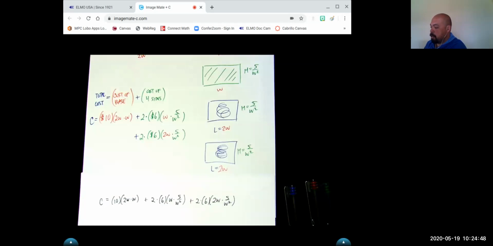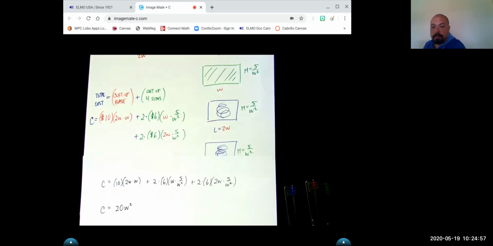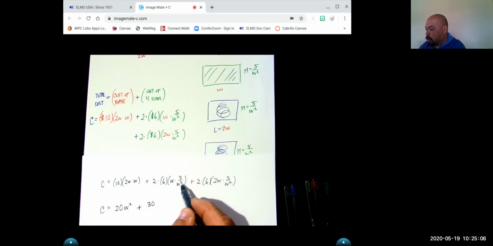All right, so if I start to multiply, 10 times 2, 20, W times W, W squared, plus here 2 times 6 is 12 times 5, right? Or 5 times 6 is 30 times 2, we get 60. W times 5 over W squared, right? W squared in denominator, one of those cancels, we get 60 over W. Similar over here, right? One of those W's cancels, so we're going to get another W in denominator. 2 times 6 is 12 times 2, 24.